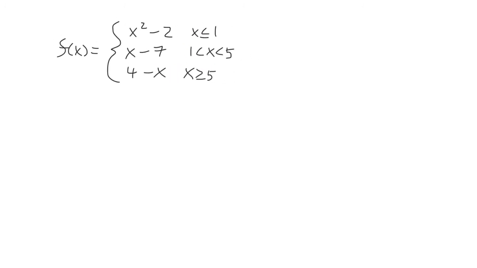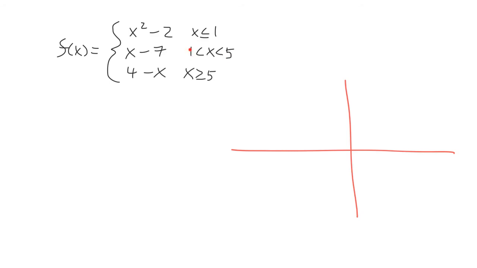Now, when I deal with piecewise functions, what I like to do is pay very close attention to the critical values. And what I mean by critical values are these boundaries here. So x squared minus 2, which by the way is a parabola, that's the graph when x is less than 1. That's a critical value of 1 right there. The linear function of x minus 7, well, that's the graph when the x values are between 1 and 5.